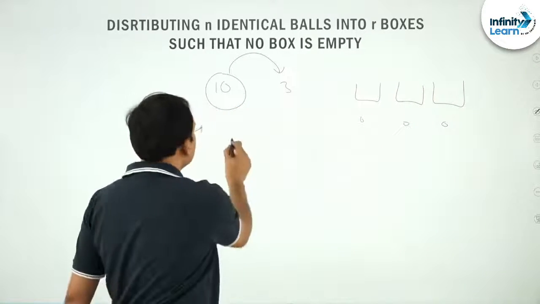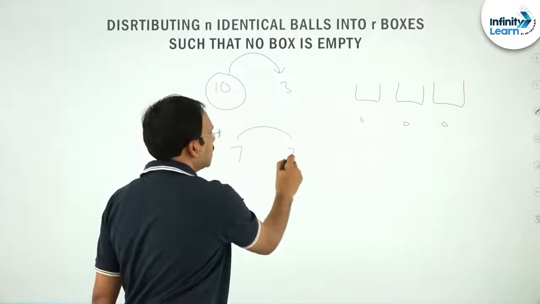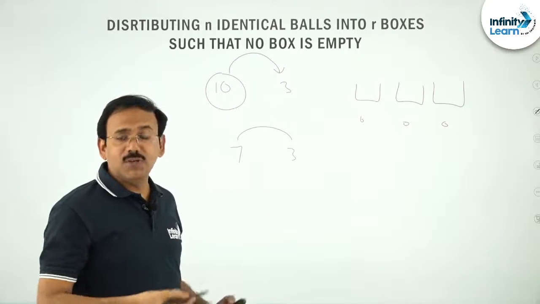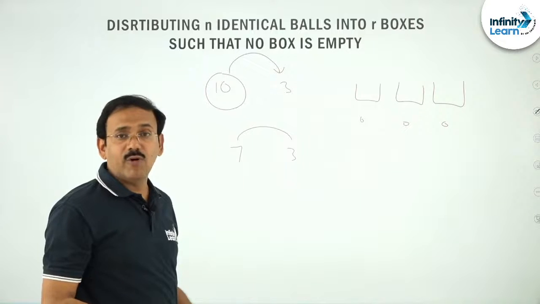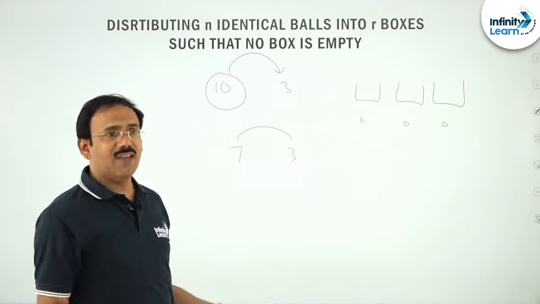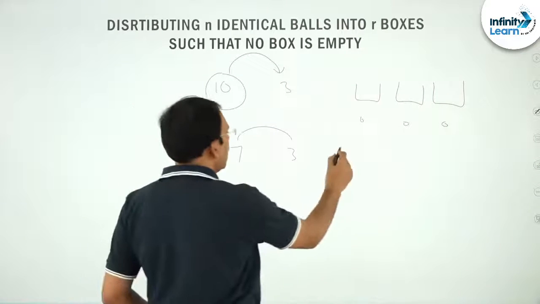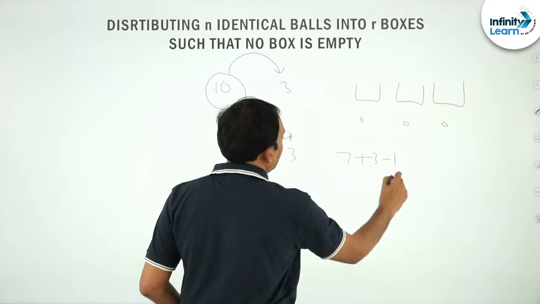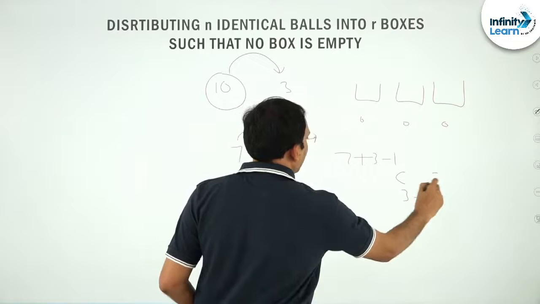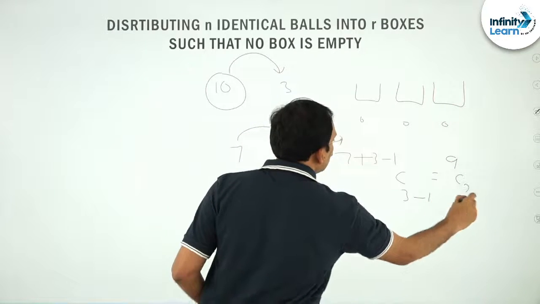So I am left with 7 balls, 3 boxes. Now you can distribute these 7 identical balls into 3 boxes in any way, right? So friends, this is going to be n plus R minus 1 C R minus 1, which is 9C2.